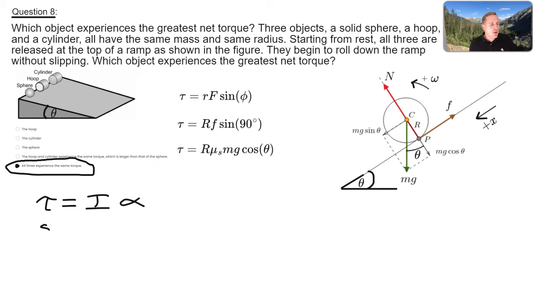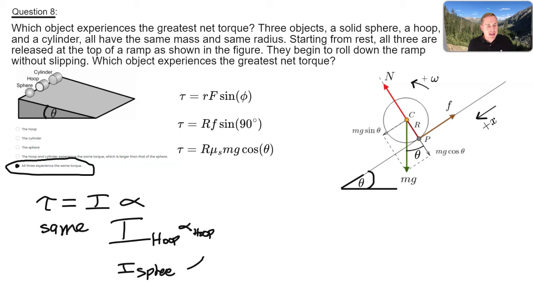So even though the torques are all the same, we know that the I of the hoop is the largest, so it's going to have the smallest angular acceleration, whereas the smallest rotational inertia, capital I, is for the sphere, and that means the angular acceleration of the sphere is actually greatest.